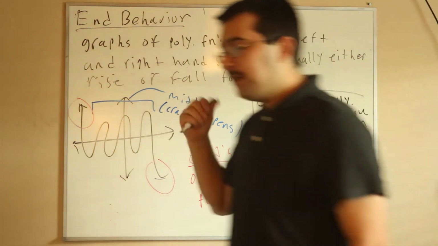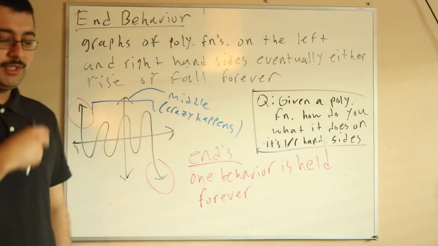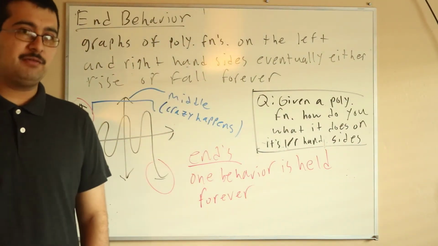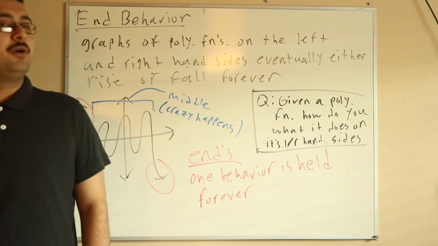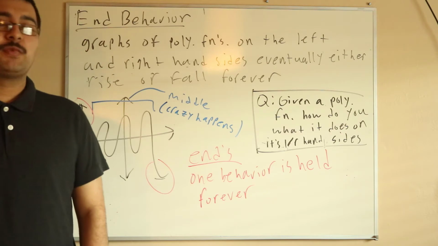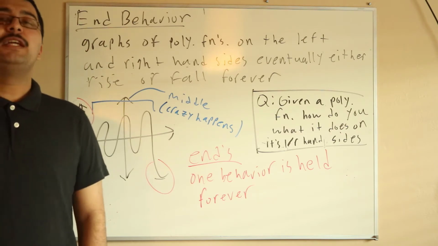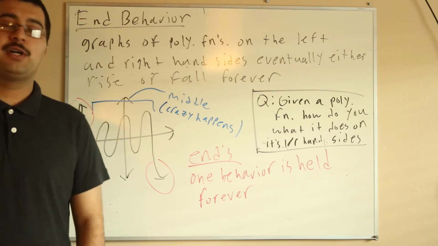Right? So if I give you some random polynomial function, how can you look at that function and be able to tell me very quickly whether it's going to fall on the left, rise on the left, or fall on the right and rise on the right? So the answer to that is the leading coefficient test. And that's exactly what we're going to talk about now.